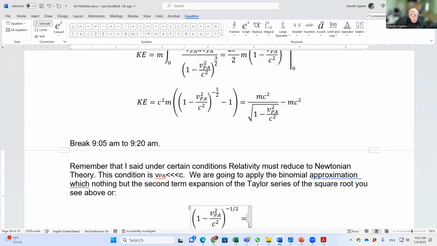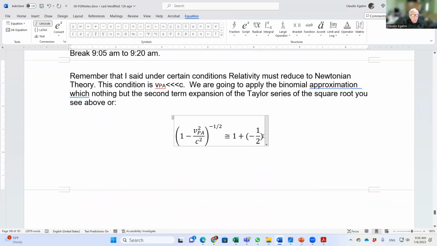How does the binomial approximation work? It's very important that you memorize the binomial approximation because we use it almost all the time. It is the first term plus the power, whatever the power is. In this case, the power is half. Multiplied by this term here. That was the binomial approximation, with a parenthesis here.